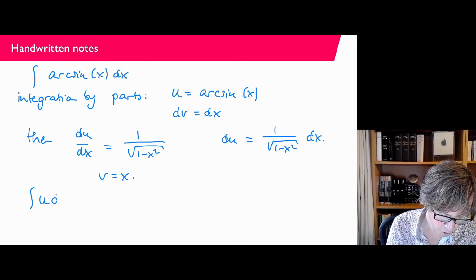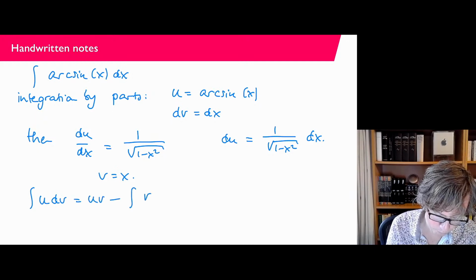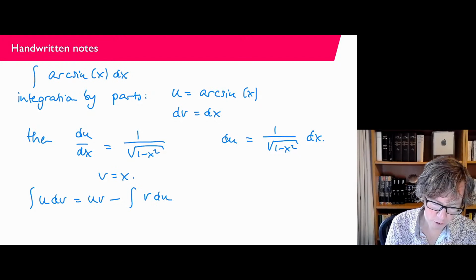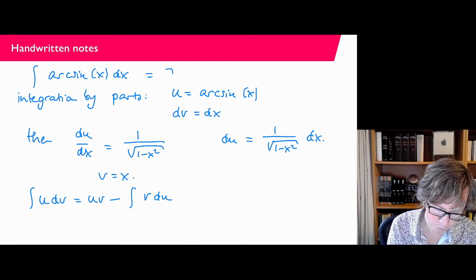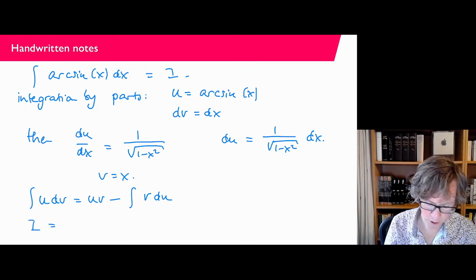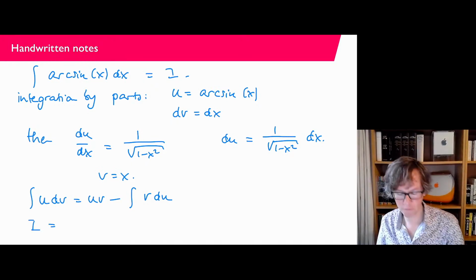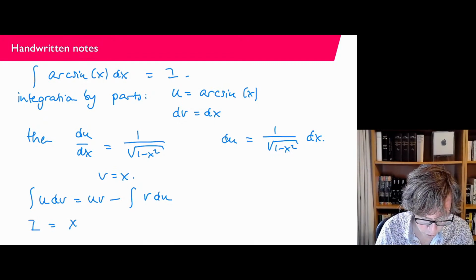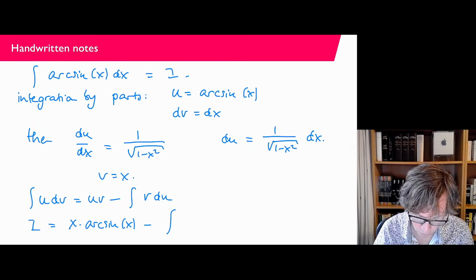So let's say integral u dv equals uv minus integral, and then they swap around, v du. So if I call my integral that we're trying to compute capital I, then we find that apparently capital I equals, well, x times the arcsine function, that's uv. So x times arcsine x minus integral v, that's x, du, 1 over square root 1 minus x squared dx.